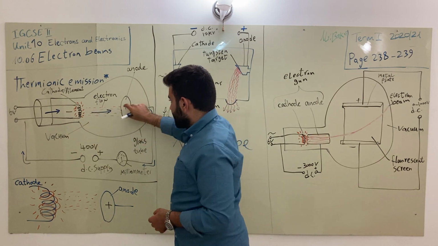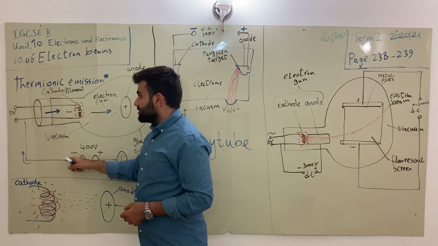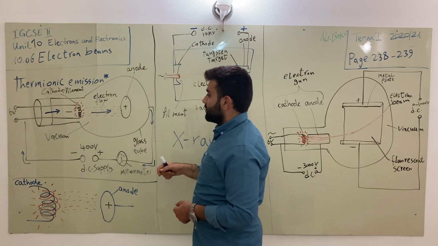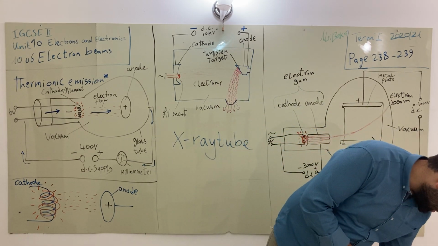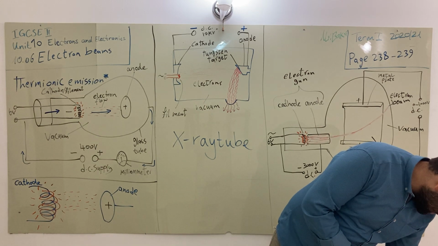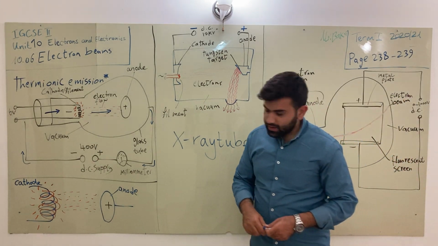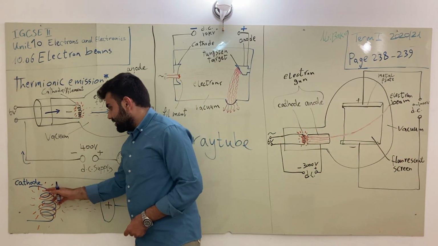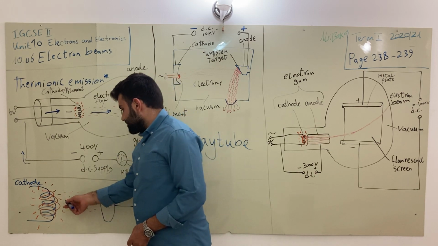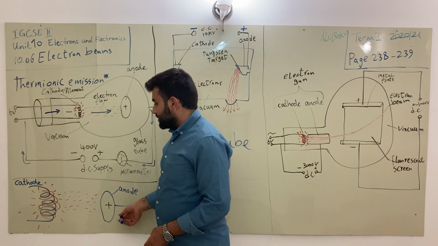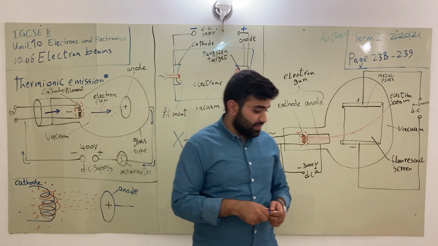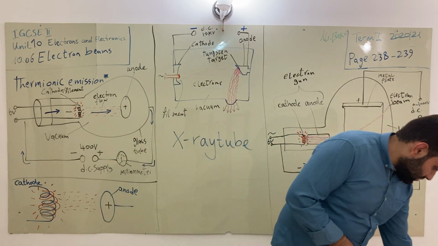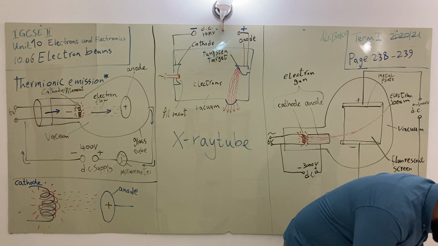It will be like a ray because of the high voltage. Here we can see how the cathode sends the electrons and the anode accepts them because it has the opposite charge.